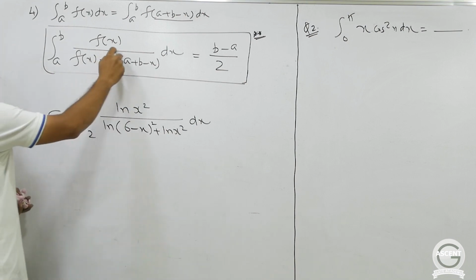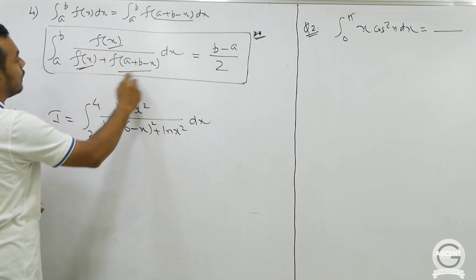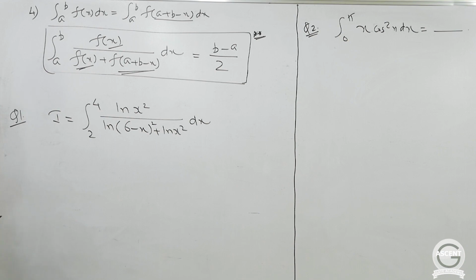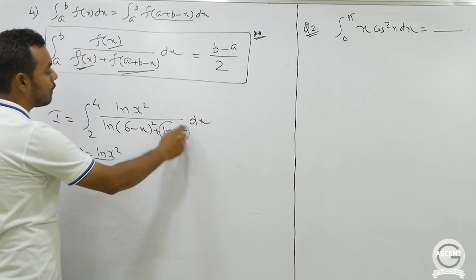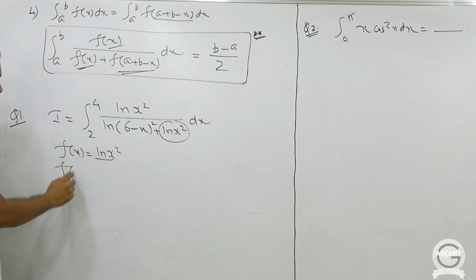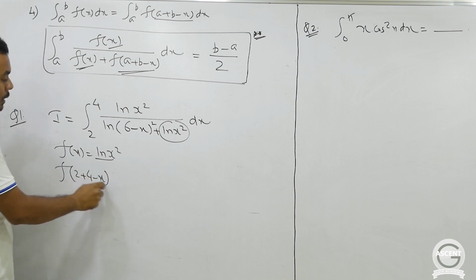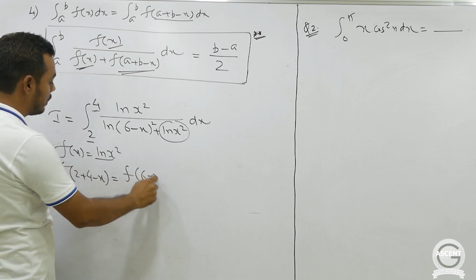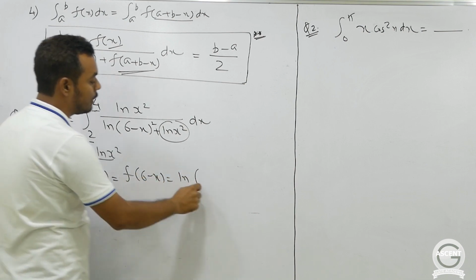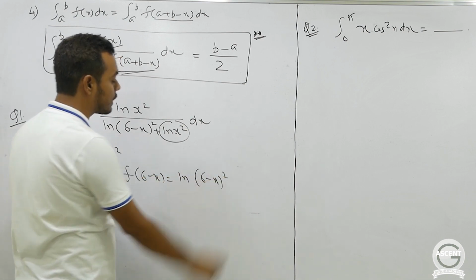Remember that you have f(x) here, and f(a plus b minus x) here. For example, if I have this problem, here you can easily see that if I write f(x) equals log of x square, then this will be f(x), and f(a plus b minus x): a is 2, b is 4, so this will be f(6 minus x), which is nothing but log of (6 minus x).